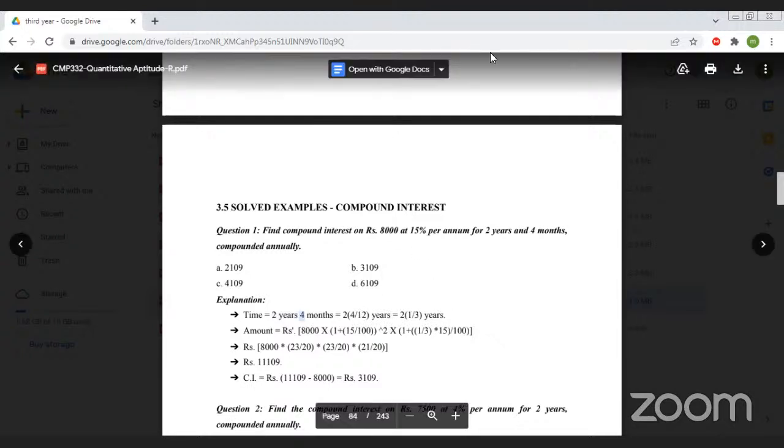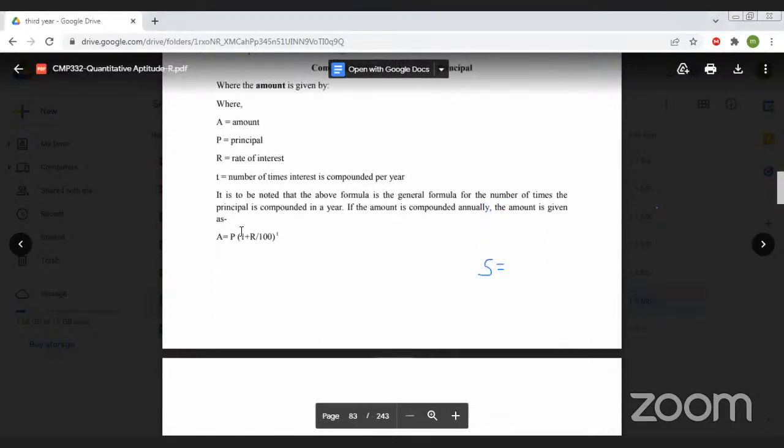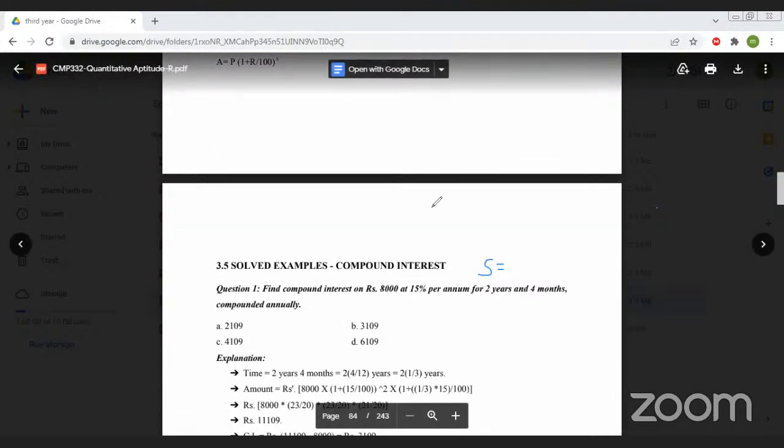Now what is the formula for it? A equals P into 1 plus R upon 100 raised to the power T. Here you need to find this amount.